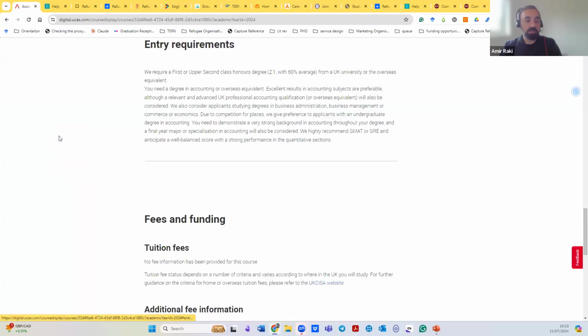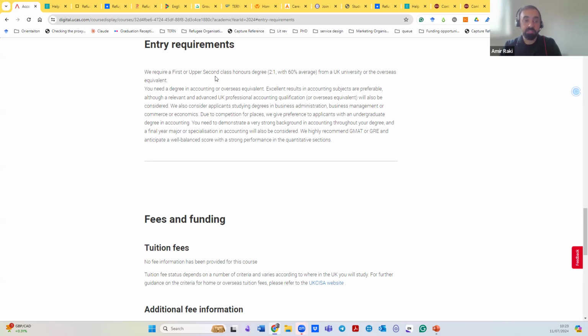If you go through the entry requirements, which I'm going to explain later, similar to many other universities here in the UK, they want you to have an undergraduate degree, a bachelor degree, first or upper second, which means your grades need to be above about 60% average. If your average is below 60%, probably you are not going to have a good chance of getting an offer from the University of Manchester, and you need to see if other universities accept any average below 60%.